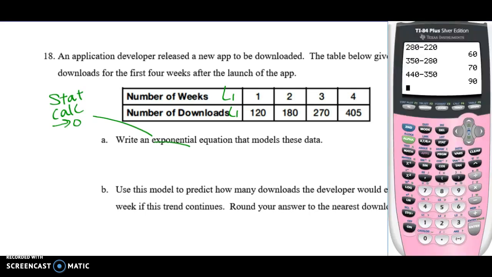I'm pulling up the calculator. I'm going to stat and edit. Clear your L1 and L2, and input your data.